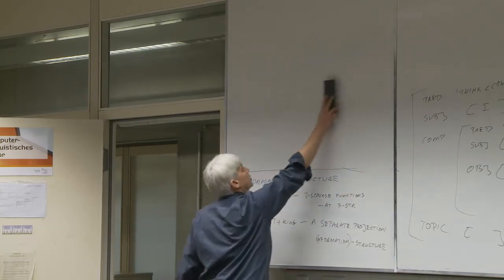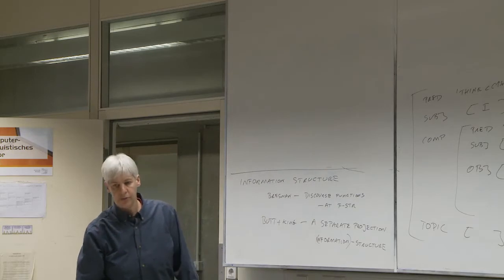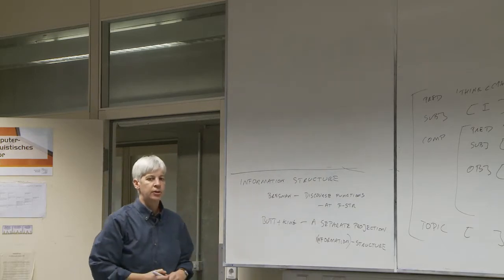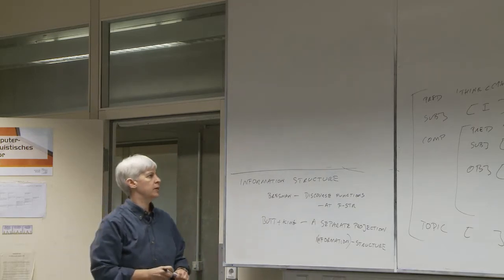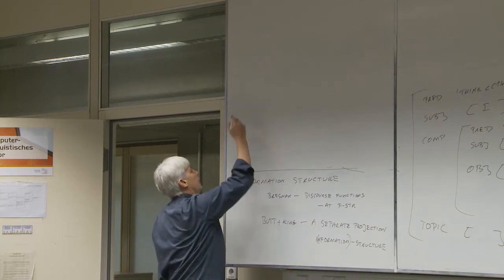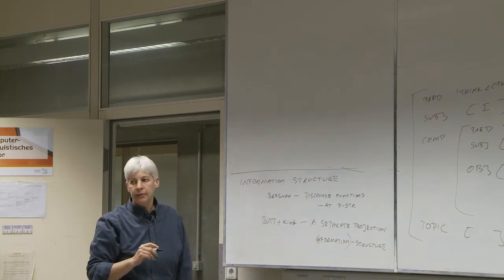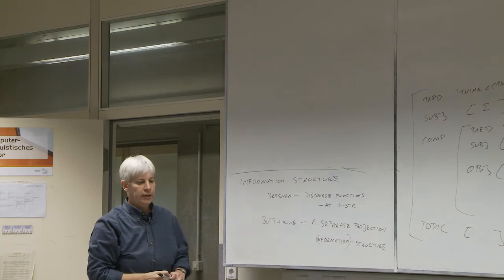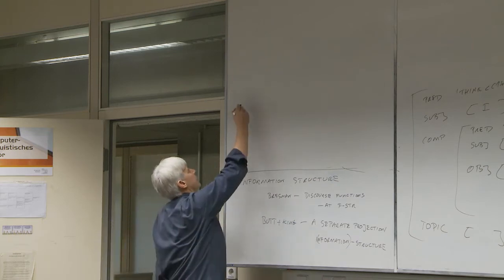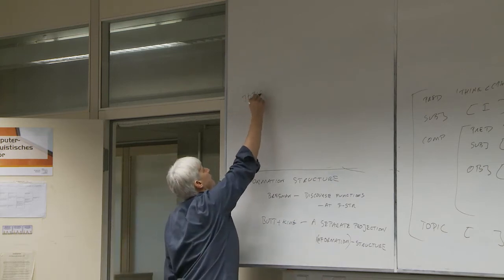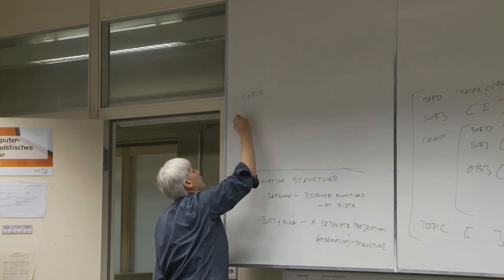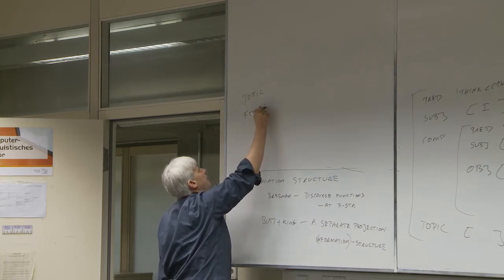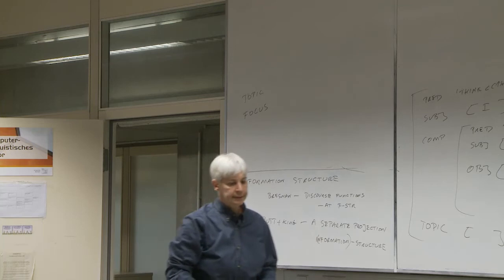Okay, now there's a huge literature on information structure or discourse functions, whatever they're called. It's too huge for me to get into here. I'm just going to do it very quickly. But there's two general big things: topic, focus. Those are the two main ones.